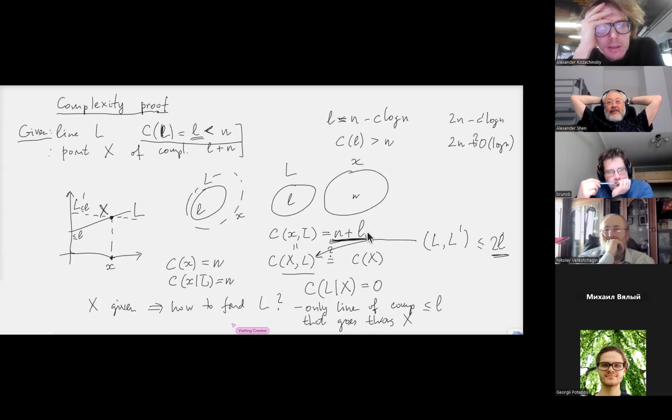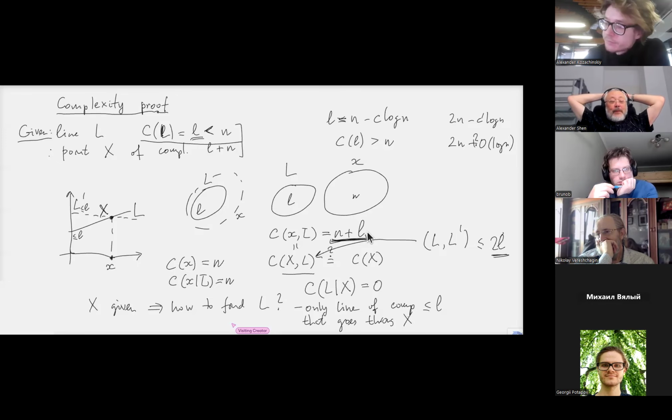I was thinking in other terms, but okay. So this complexity proof has a strange obstacle where the combinatorial proof has no problems. Our complexity proof has a stupid obstacle.